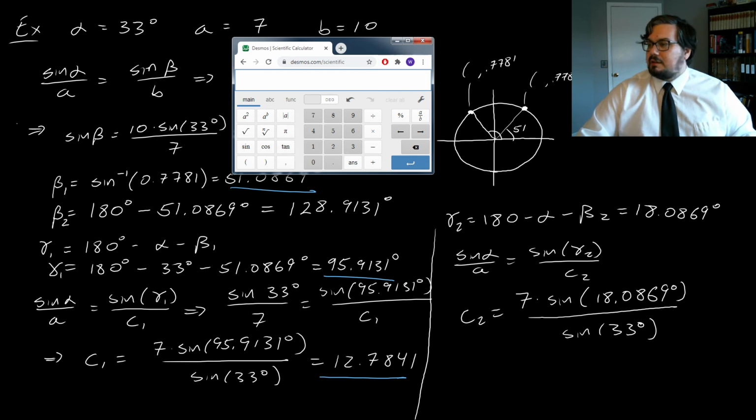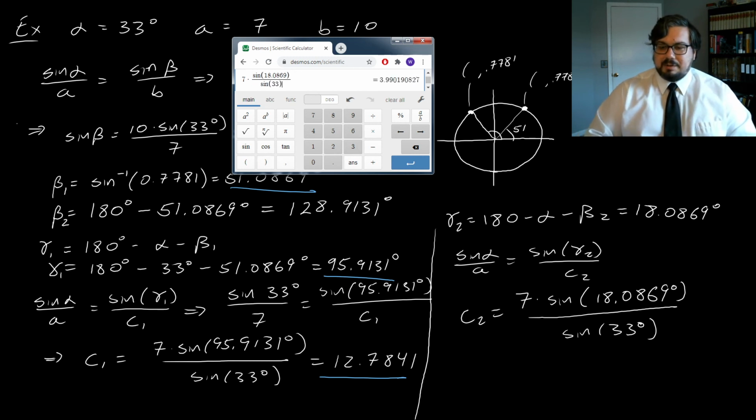And if we run that, we get 7 times sine of 18.0869 divided by sine of 33, and we get that C2 is equal to 3.9902.